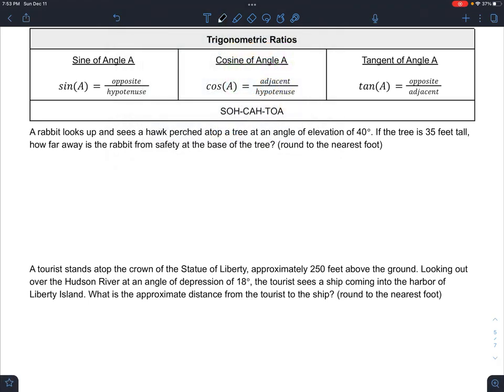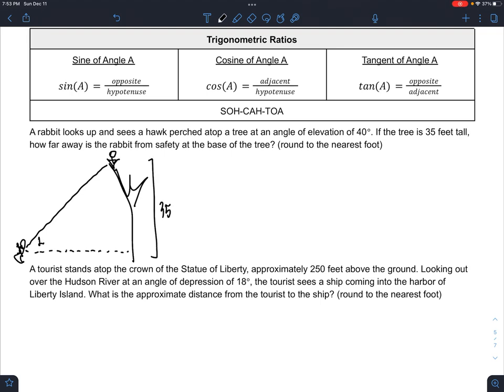A rabbit looks up and sees a hawk perched in a tree. We got a bird here, and the rabbit, of course, is on the ground, and it's looking up. So that's the line of sight. But the rabbit is on the ground, so its horizon line is right here. The tree is 35 feet tall.